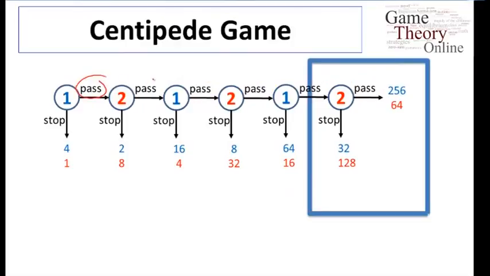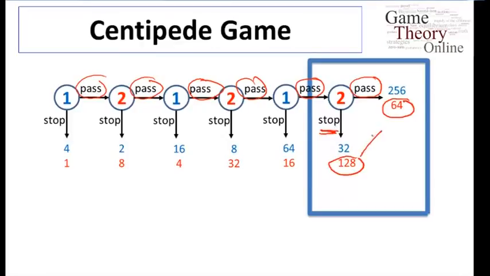If we're passing all the way along, then let's just look at player 2's strategy. They anticipate that player 1 is passing all along, and they pass all along. Would it be part of a best response for them to pass at the last move? Well, let's look at their payoffs. They get 64 if they pass, 128 if they stop.